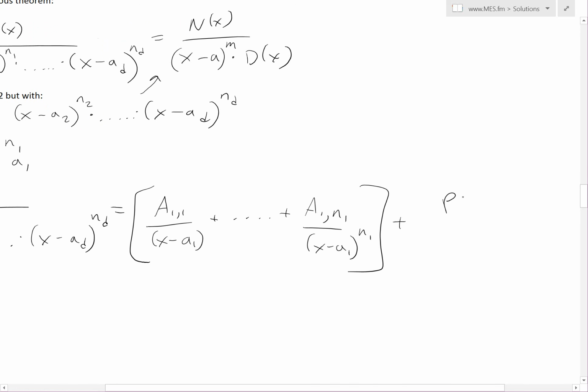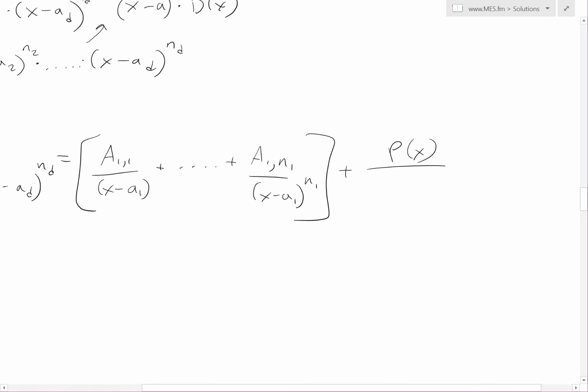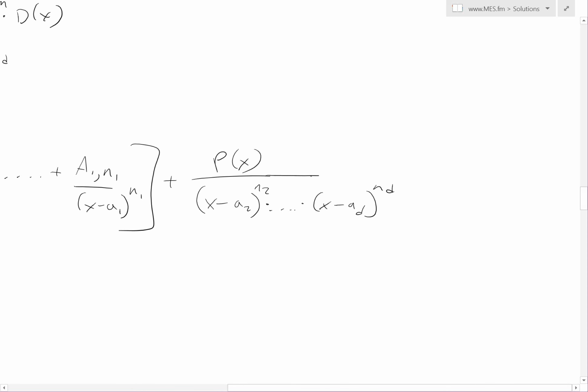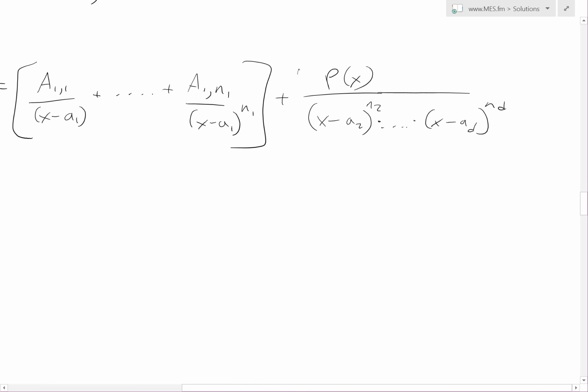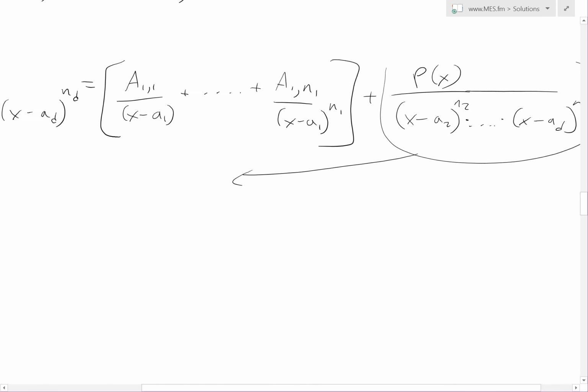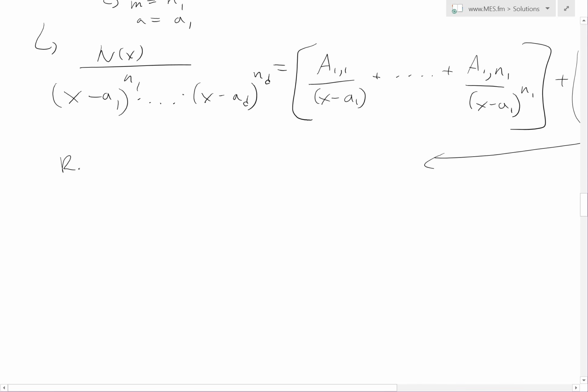And now we get plus p of x divided by d of x, which is going to be x minus a2 to the power of n2, times, keep going on and on until we get x minus ad to the power of nd. So we've solved for the first part, and now what we could do is take this and keep repeating.